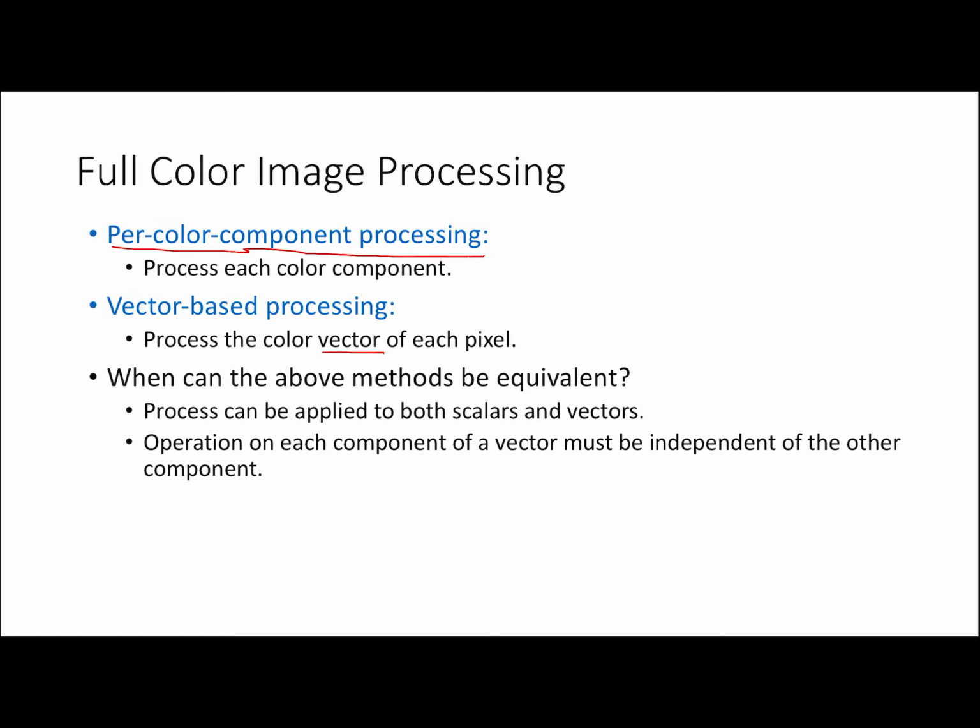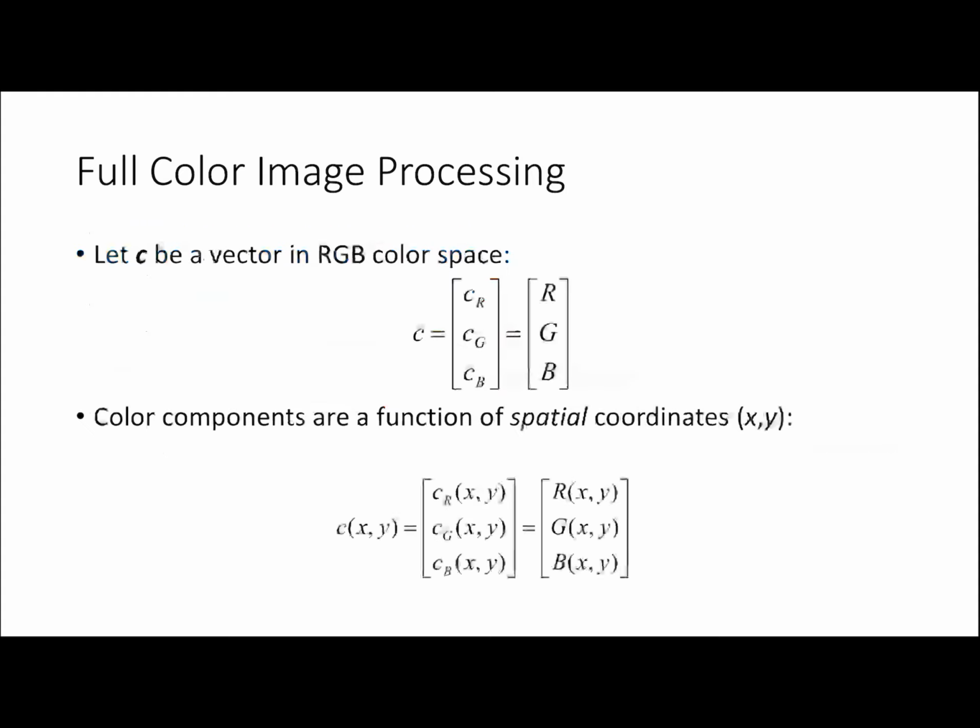If the color is specified in RGB space, it is the vector drawn from the origin of the RGB color space to the point which specifies the color. So in an RGB color space, the point x,y will have three color components: red, green and blue. Every color is represented by a vector of all color components.